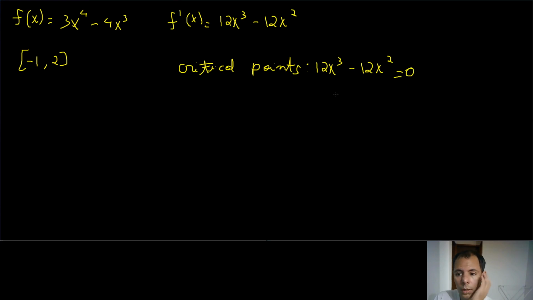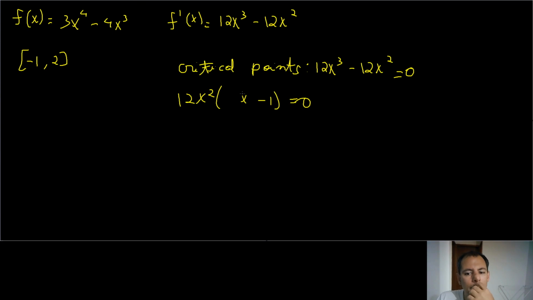Now, let's just factor out the 12x squared, so it's going to be x in here. And here you can do minus 1 is equal to 0.